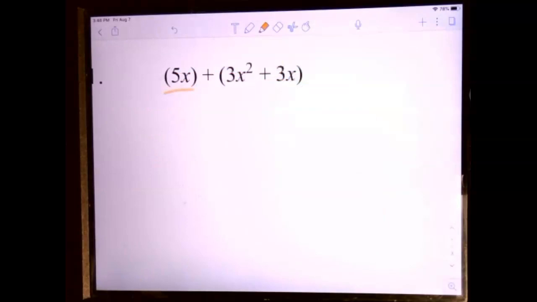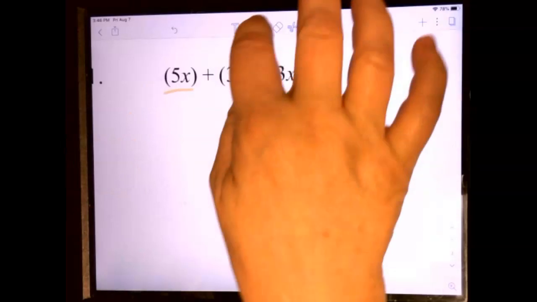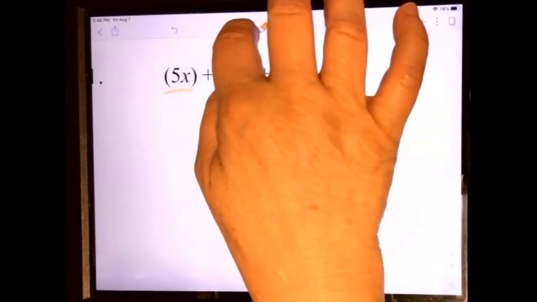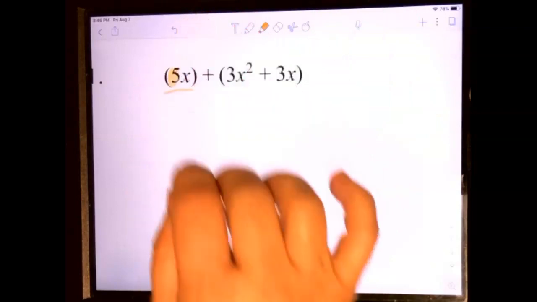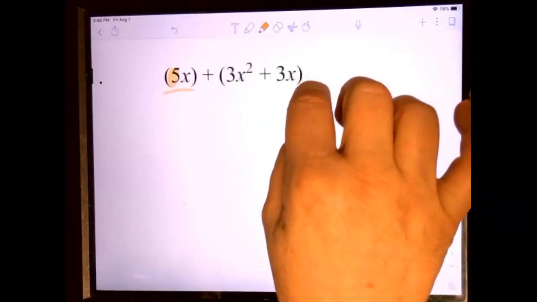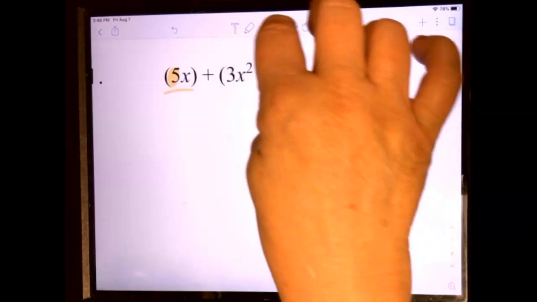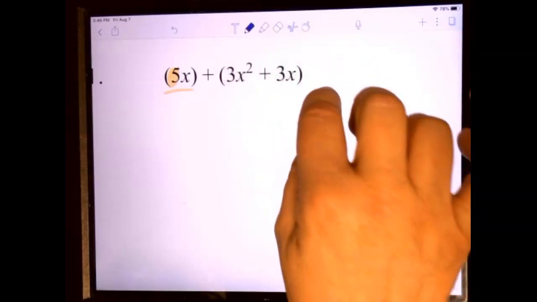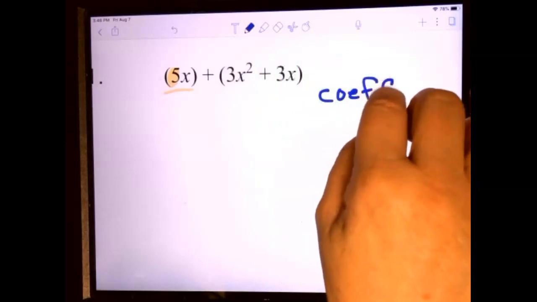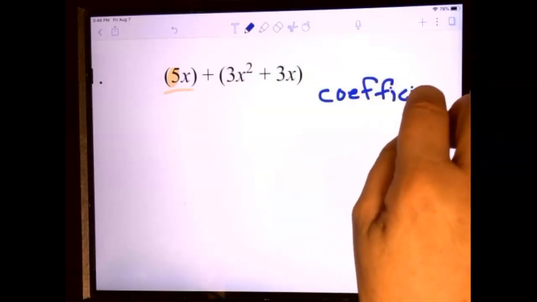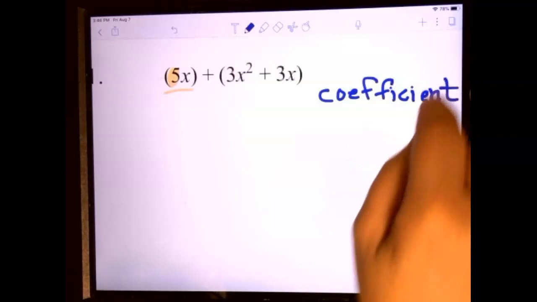So x, remember, was the rectangle, and it's a positive 5. I'm looking at the number in front. This is called a coefficient. The number in front is called a coefficient. You'll want to remember that word.